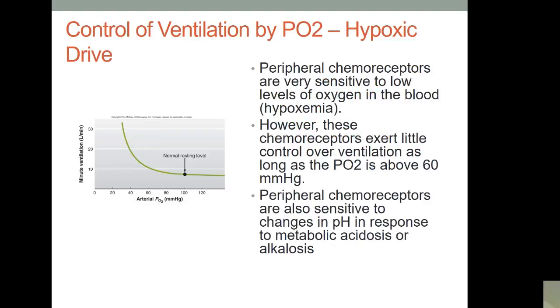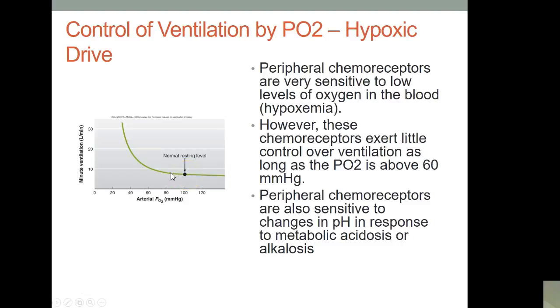We also have a hypoxic drive. And once again, this is controlled by peripheral chemoreceptors. So they detect low levels of oxygen or hypoxemia in the blood. But these chemoreceptors are not very important over ventilation because normally PO2 is well above that value. So we can see our normal resting value of about 100, a PO2 of 100.